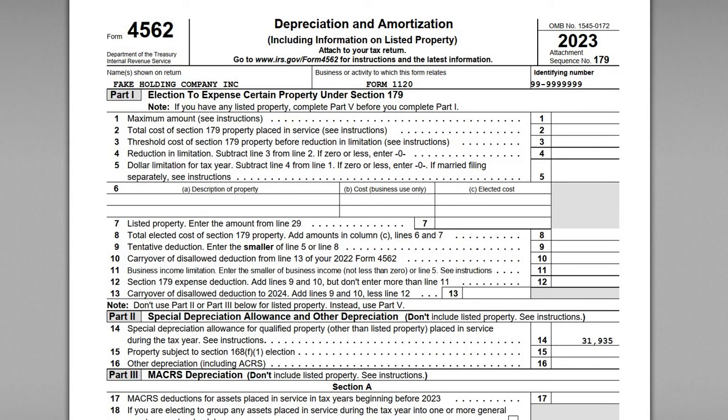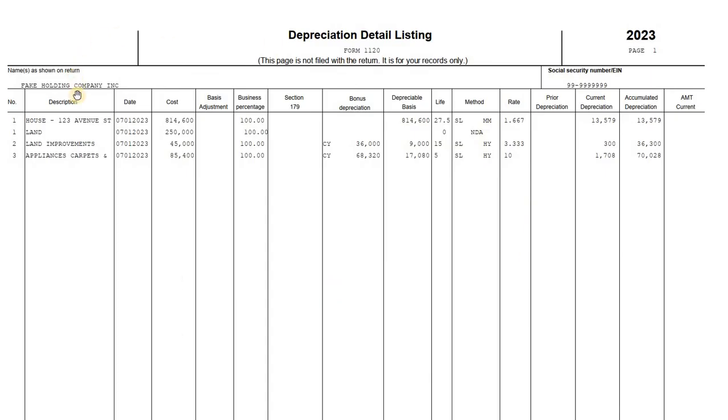In the depreciation schedule, we have 4 items listed. We have the house itself, the residential rental property depreciated over 27.5 years. Land, $250,000, is not going to be depreciable. So you can see here the depreciable basis is 0, no current depreciation.